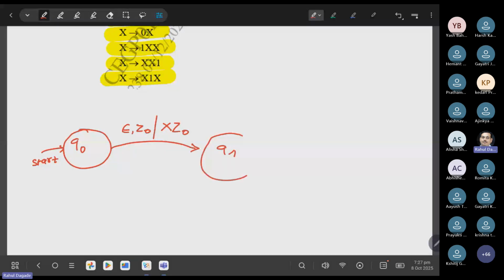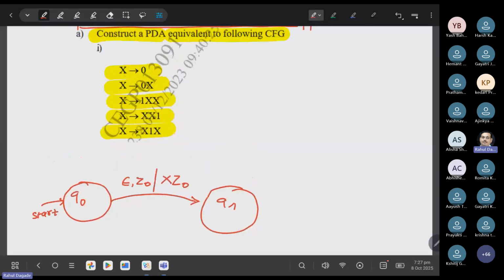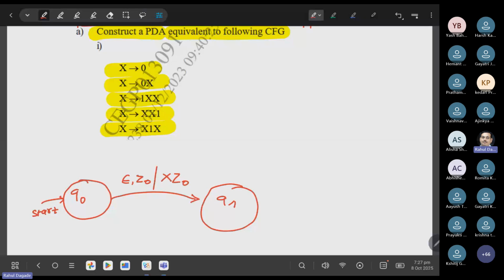Now in this Q1 state, we will do push operations and pop operations. So when to do a push operation? When the stack is not matching with input. And when to do a pop operation? When input is matching with stack. So when null is the input and X is on stack, then push its production.